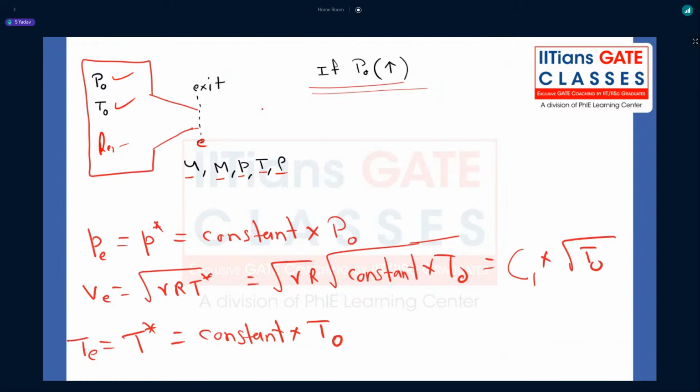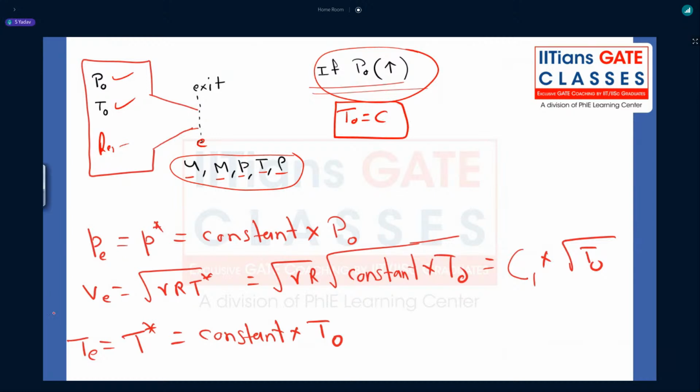Now we have to find out what will happen to all these properties when the total pressure of the reservoir is increased. Since they did not say anything about the total temperature, we are going to assume that the total temperature remains constant.